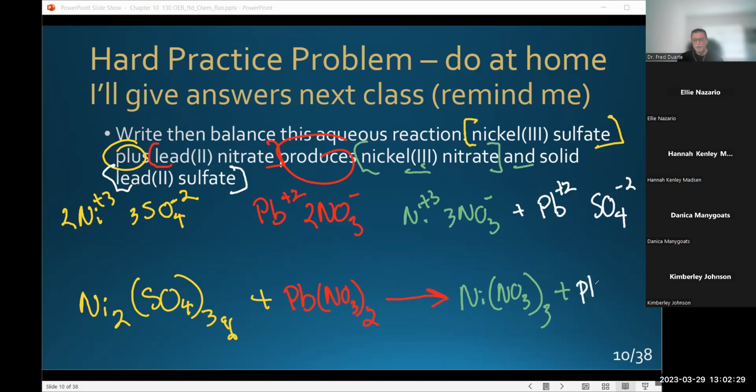So we have PbSO4, and it is a solid. Okay? Everything else is aqueous. So now I have written all the products and reactants in their proper numbers.